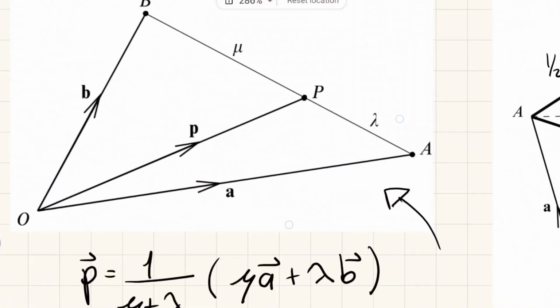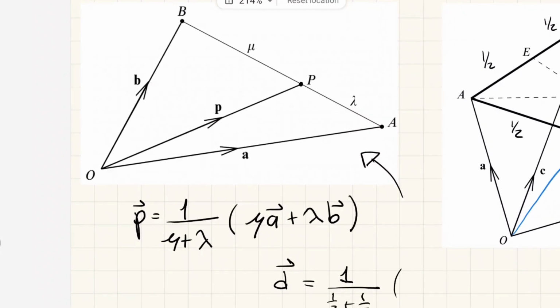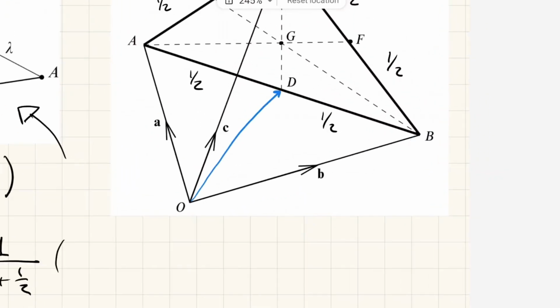And let's see, if we want to express P in terms of lambda, mu, A, and B, we first see here that mu is multiplying A, and mu is the proportion on the side of BP, right? So in this case, we may need to use this 1/2 to multiply it by A, and then this 1/2 to multiply it by B. But in this case, looking at both sides, it is 1/2, so there is no difference.